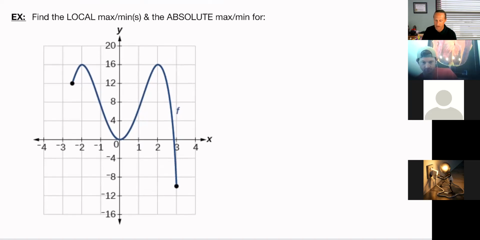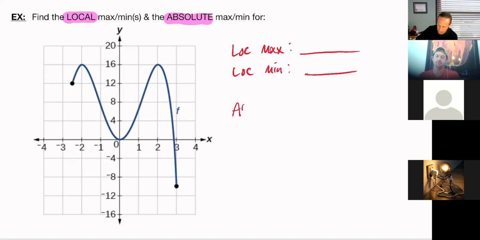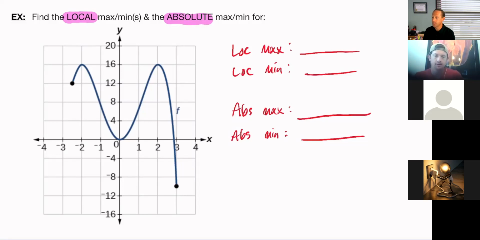So if I gave you this graph, could you find the local and absolute max or mins? And as you guys know, there may not be some of these options.